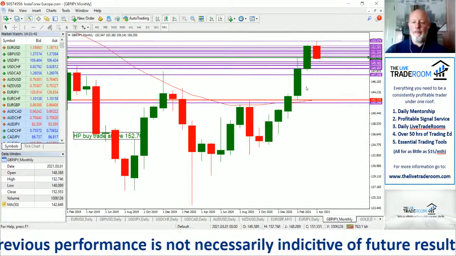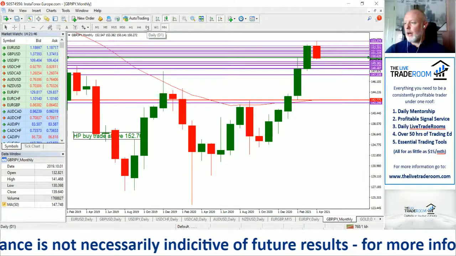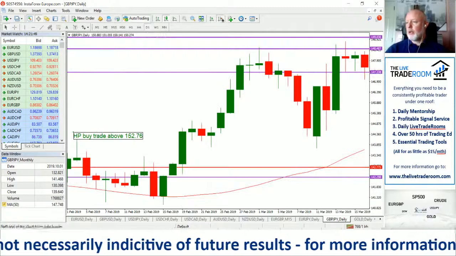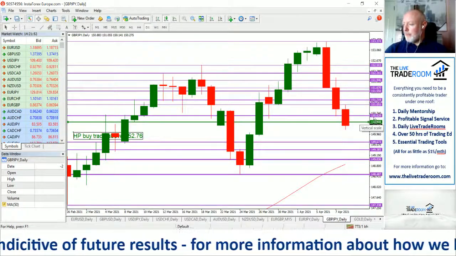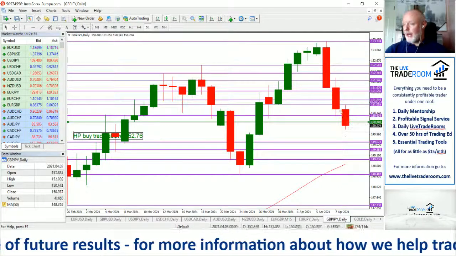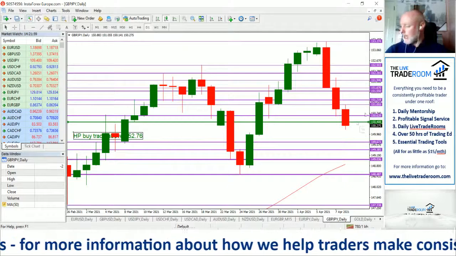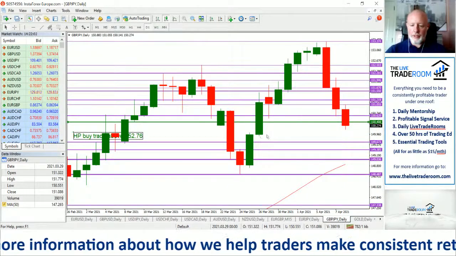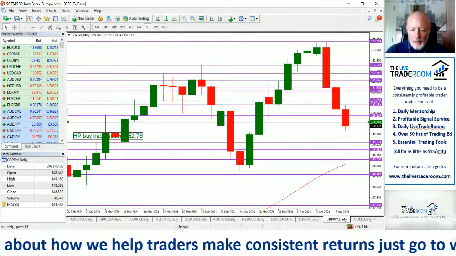So there's still further downside expected on this trade. So last night we were looking to get in below the 150.63. We had a significant move overnight, and potentially we're likely to see further downside as things currently stand. So let's have a quick look.